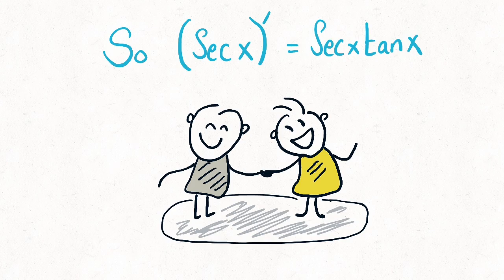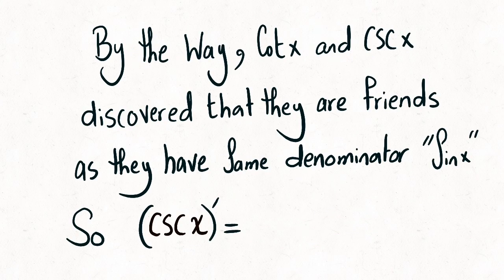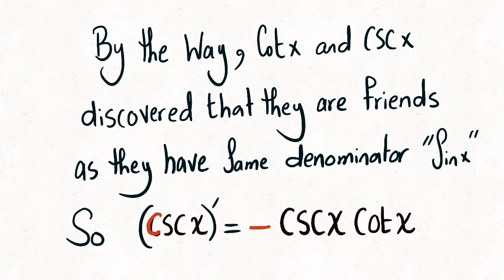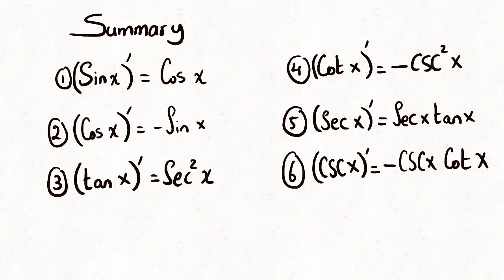You will end up having the derivative of cosecant x as minus cosecant x times cotan x. And why? Because cotan x is basically cosine divided by sine, and cosecant is 1 over sine, and by this you will discover that cotan and cosecant share the same lower part.